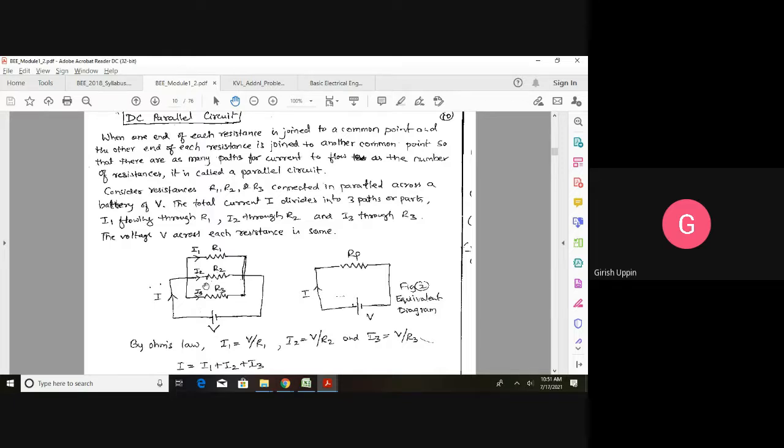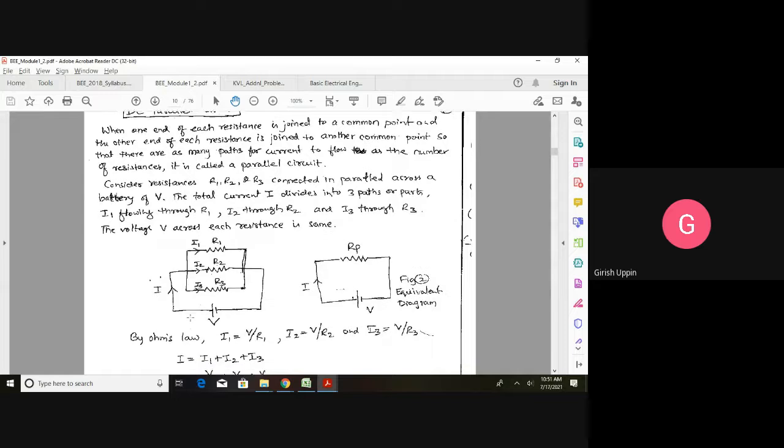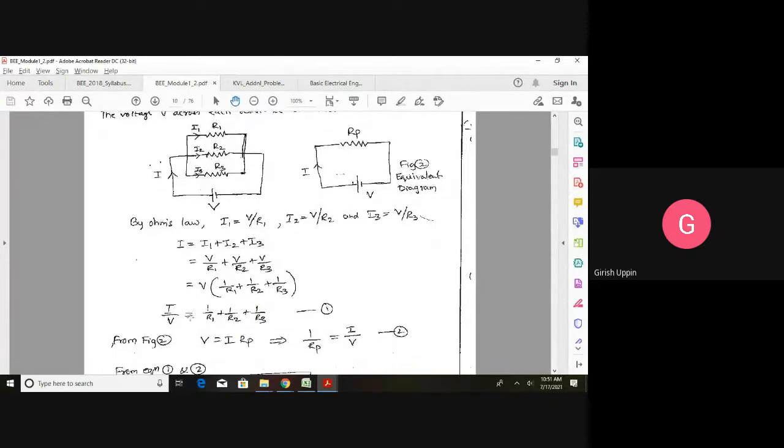Now, in this particular circuit, we have a voltage V applied across the parallel combination of R1, R2, R3, which will result in a current of I. When current I arrives here, it will get divided into each path as I1, I2, and I3. So in a parallel circuit, the total current is equal to the sum of the branch currents, that is, I is equal to I1 plus I2 plus I3.